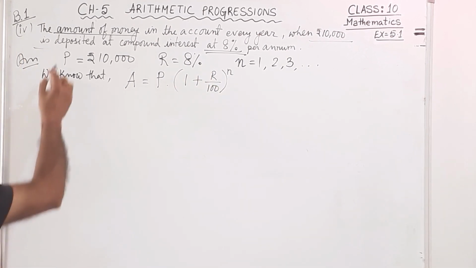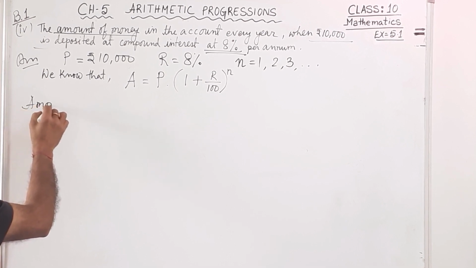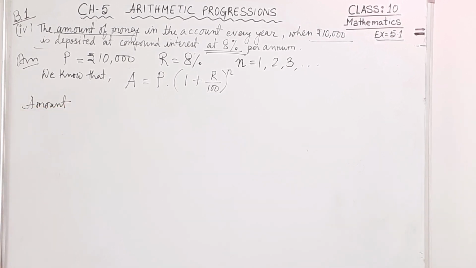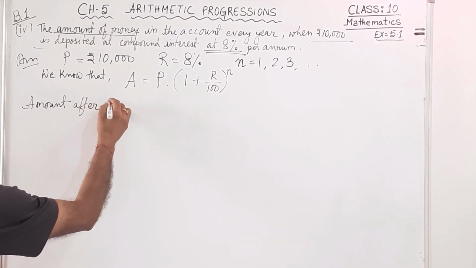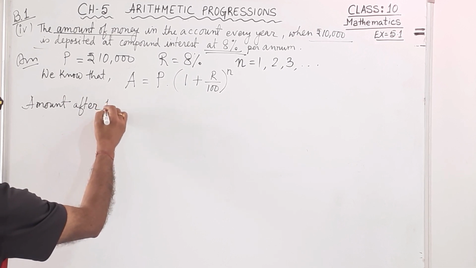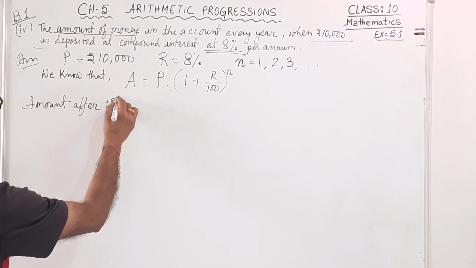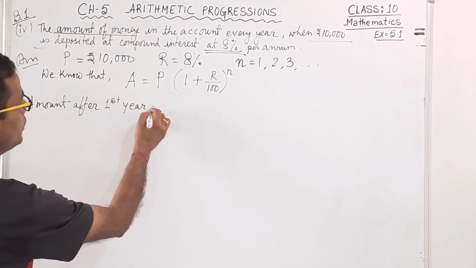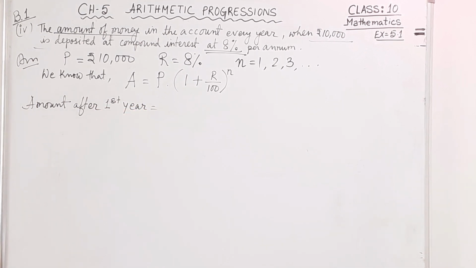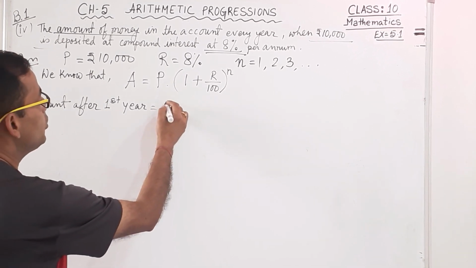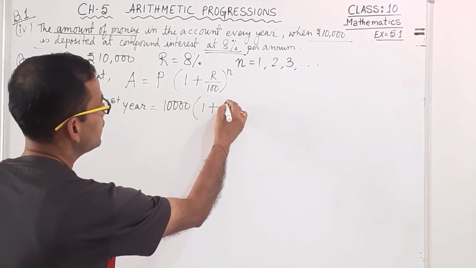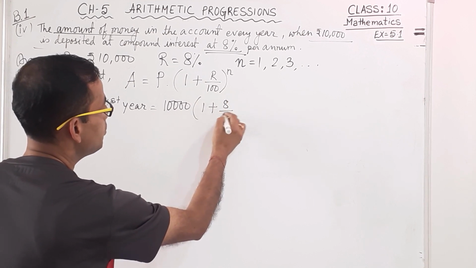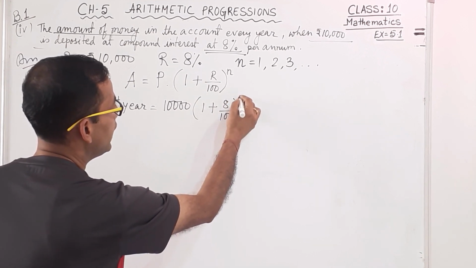Okay, now amount after 1 year, or first year. So how much it will be? Amount after first year. You are depositing 10,000 rupees. After first year, it will become 10,000, 1 plus 8 by 100, and here will be 1.